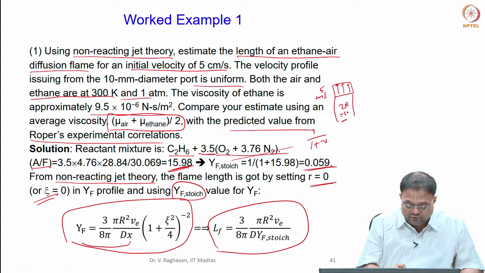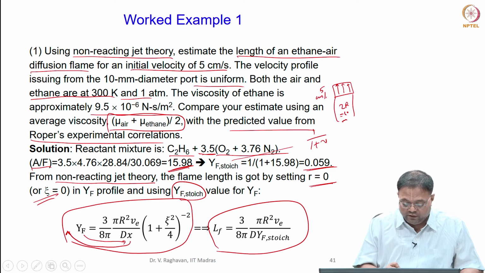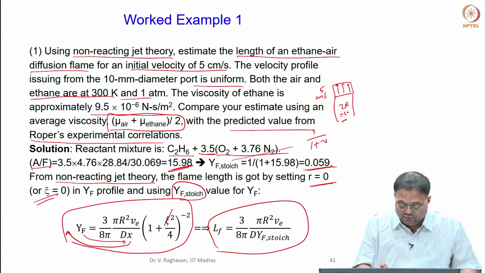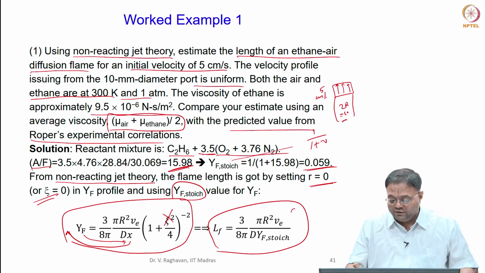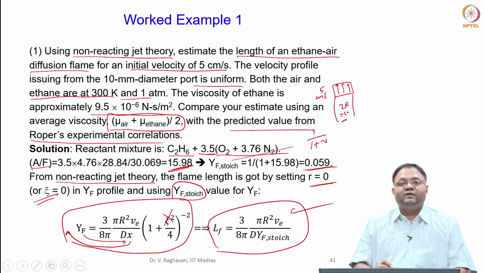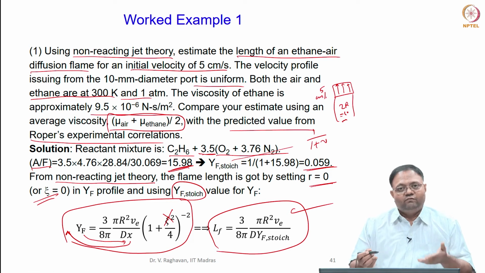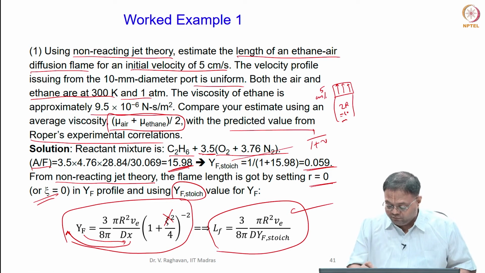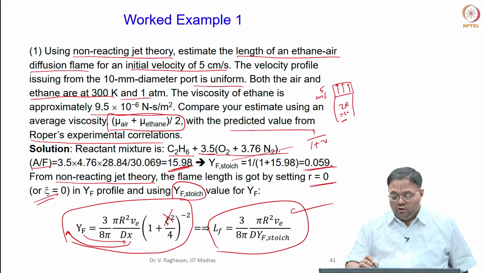So, x you take to this side, and yf you bring here. Then you get this relationship. So, yf is taken as yf stoichiometric, and x is taken to the left-hand side and put as x equal to Lf, the flame length.